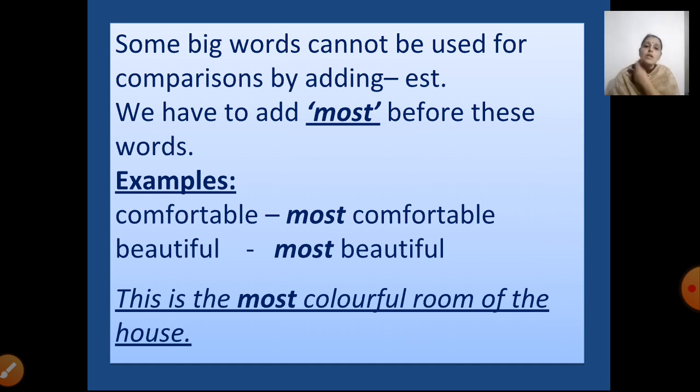Beautiful becomes most beautiful. This is the most colorful room of the house. Right? So, in superlative, we either add est to the adjective and write the along with it, or else we use most along with the adjective.